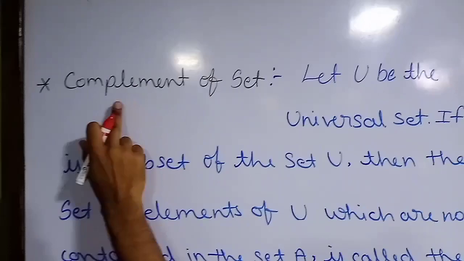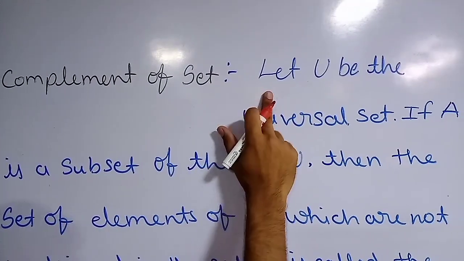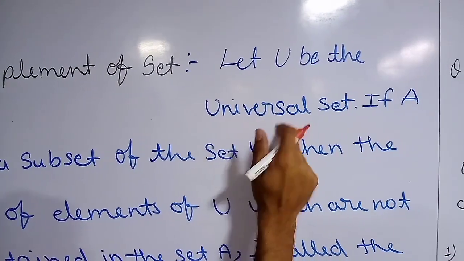Next concept is complement of a set. Let U be the universal set.